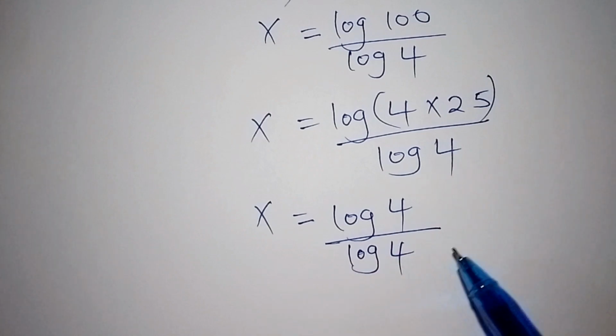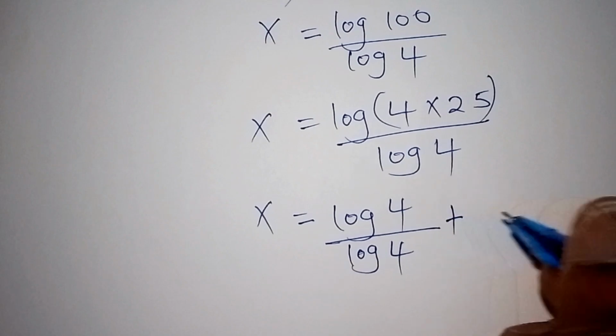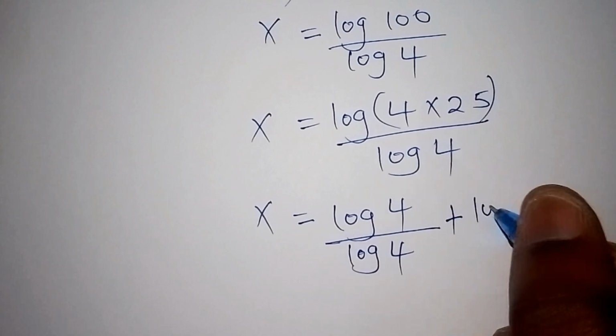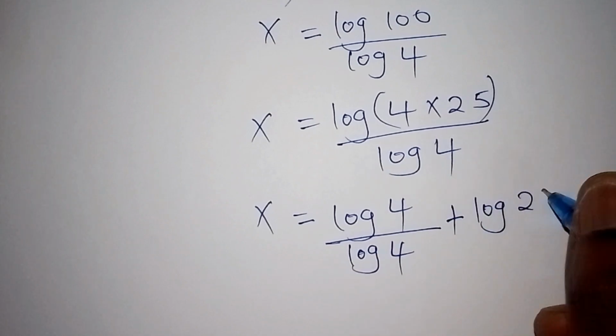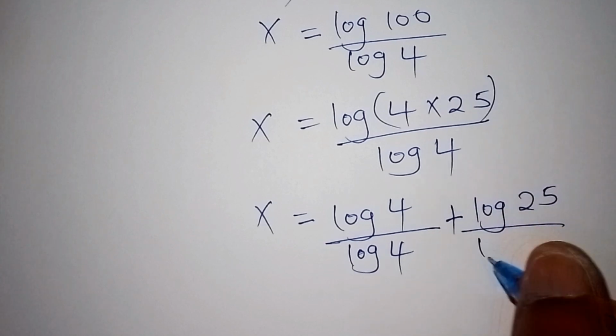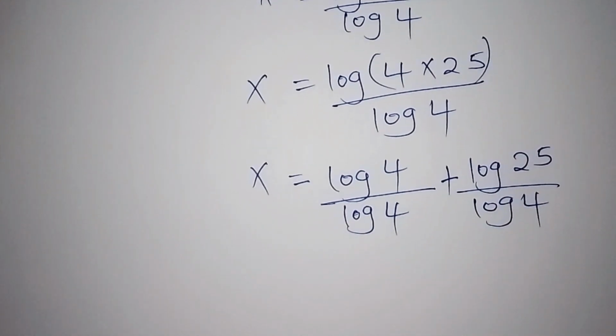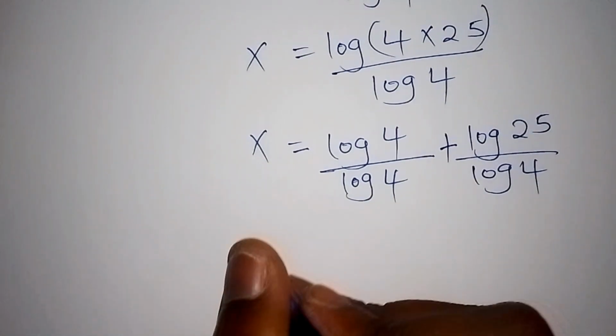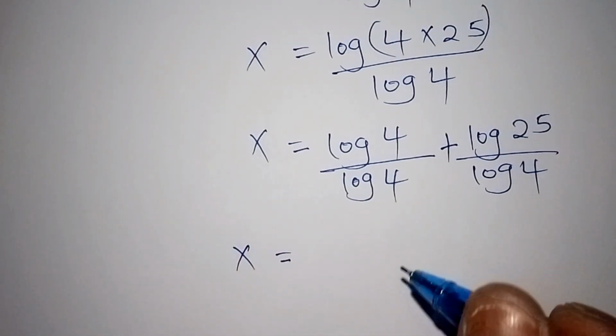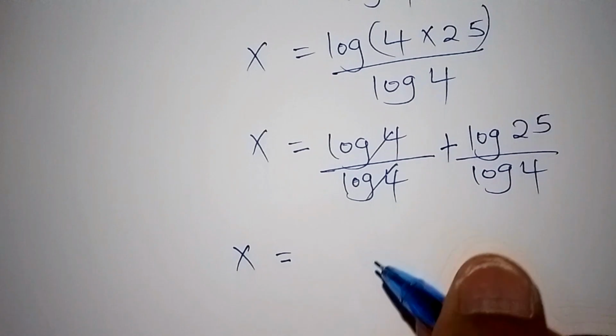According to the law of logarithms, the multiplication sign changes to addition. So we have plus the log of 25 all over the log of 4. The log of 4 and the log of 4 cancel.